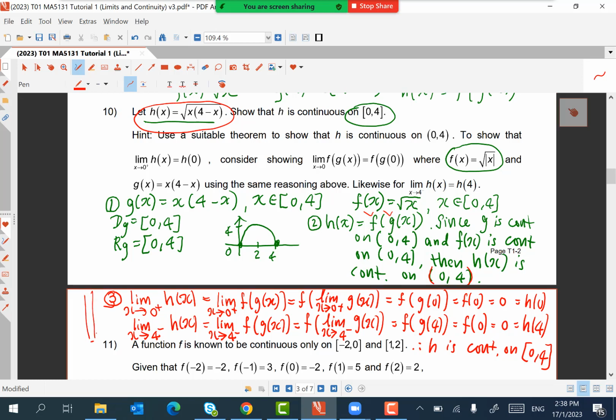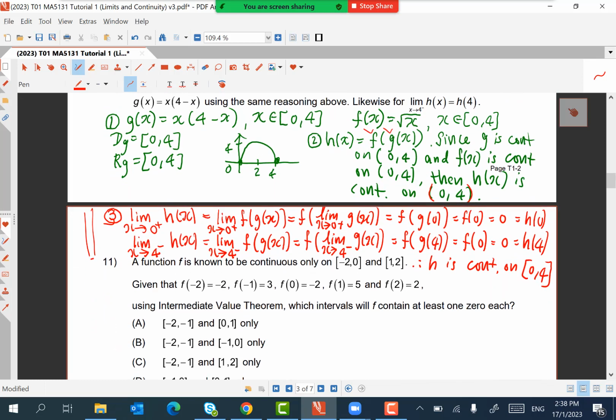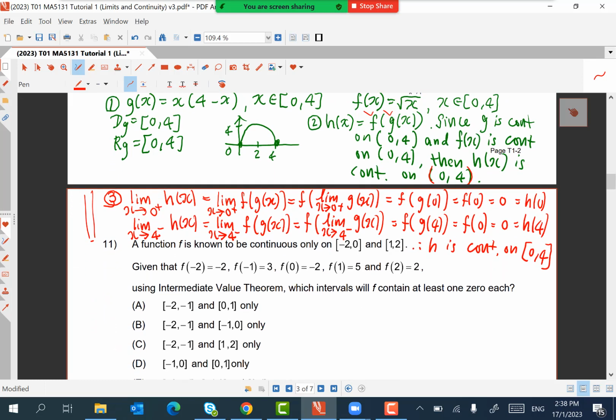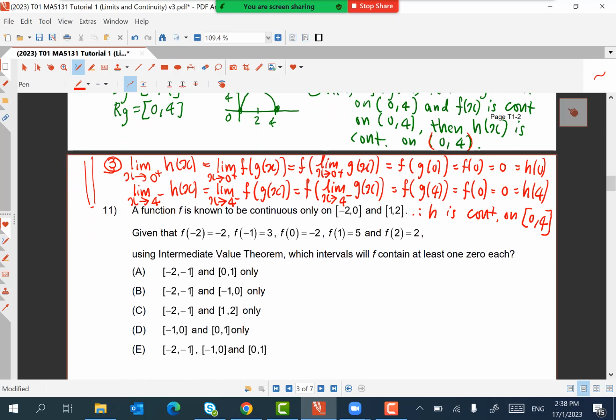So this is the aim of this question 10. Alright, I think that yesterday it was a bit sketchy, so I decided that I should do it properly today. Okay, with this, let's go on to look at question 11. Okay, question 11.